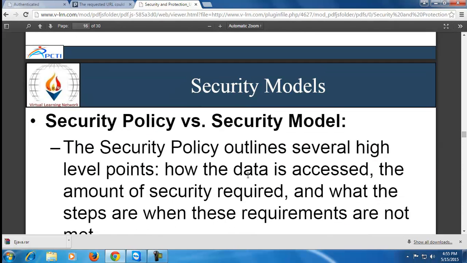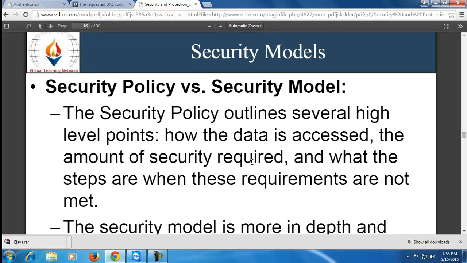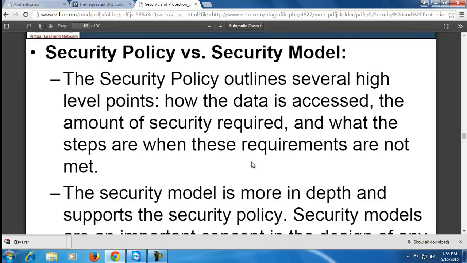The next is security model. In this, security policy and security model are followed for representing the details about the security mechanism. The security policy outlines several high-level points: how the data is accessed, the amount of security required, and what the steps are when these requirements are not met.